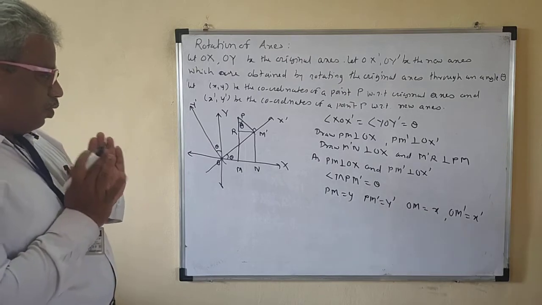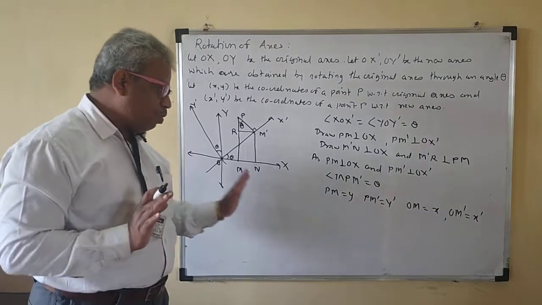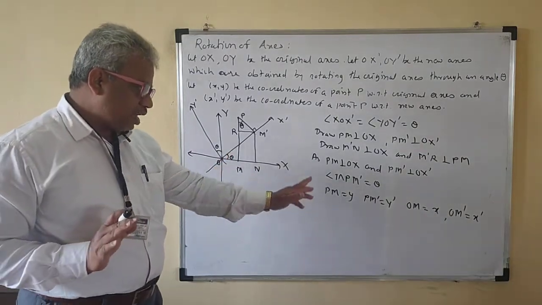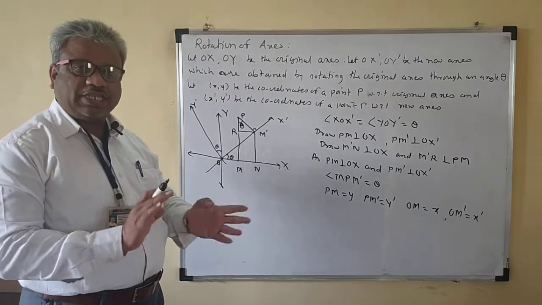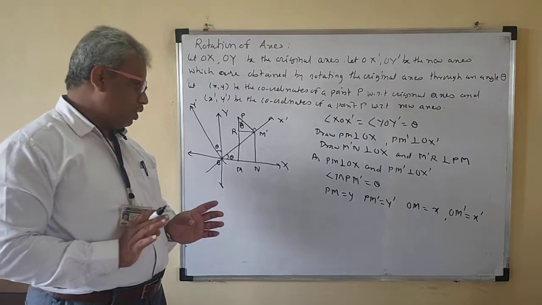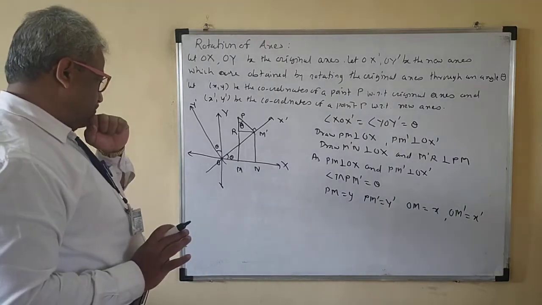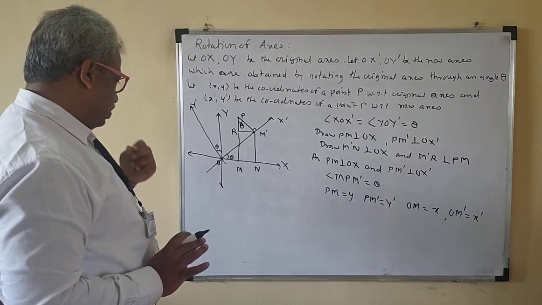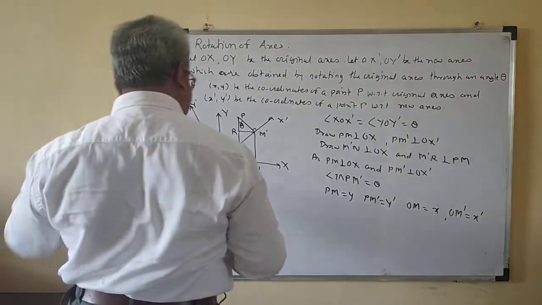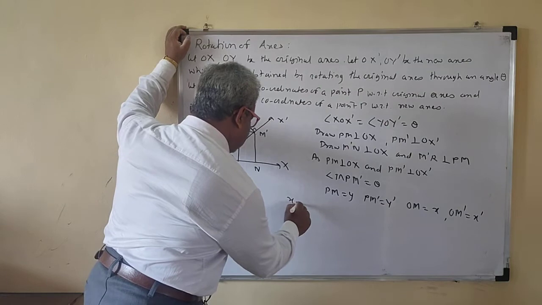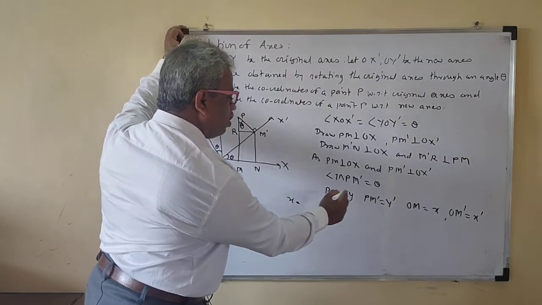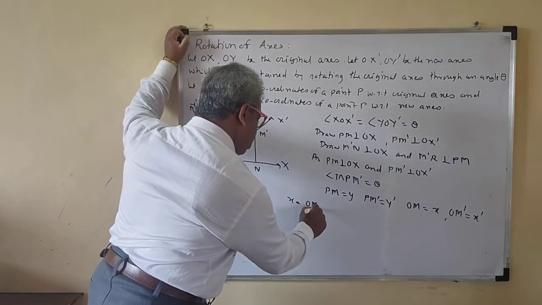Now we want to find a relation between the old coordinates x, y and the new coordinates x prime, y prime. So we'll do that first. We'll find x first. x is equal to OM. Where is OM?